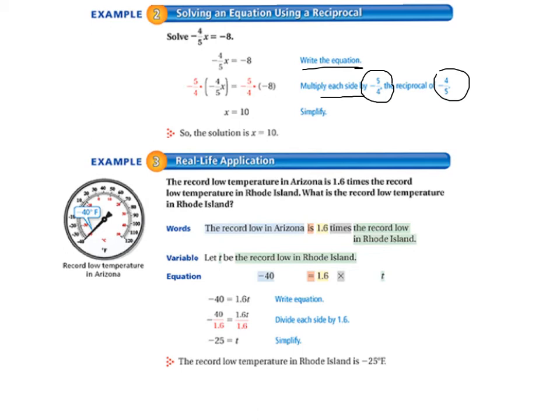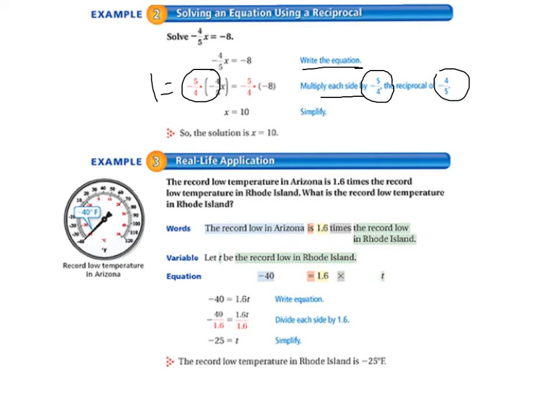So when we do that, we know that our negative 4/5 times our negative 5/4 here equals 1, and our negative 5/4 times our negative 8 equals 10.